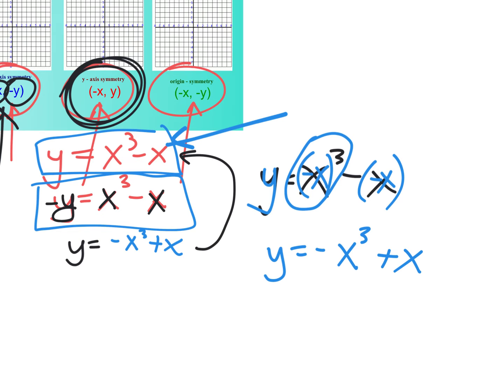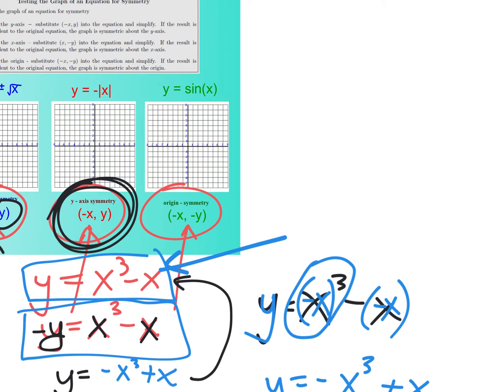What kind of symmetry do you think it probably has then? Origin. No, we just checked x and it didn't have x, didn't have y. It's probably got origin. So would everybody please write exactly this. Y equals x to the third minus x. That's what you start with.